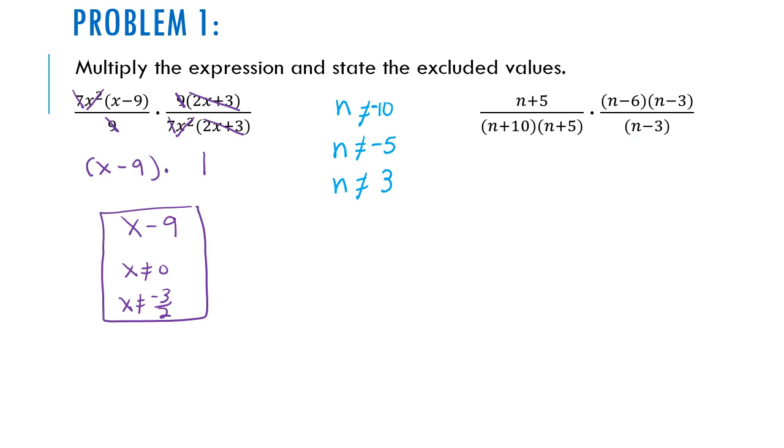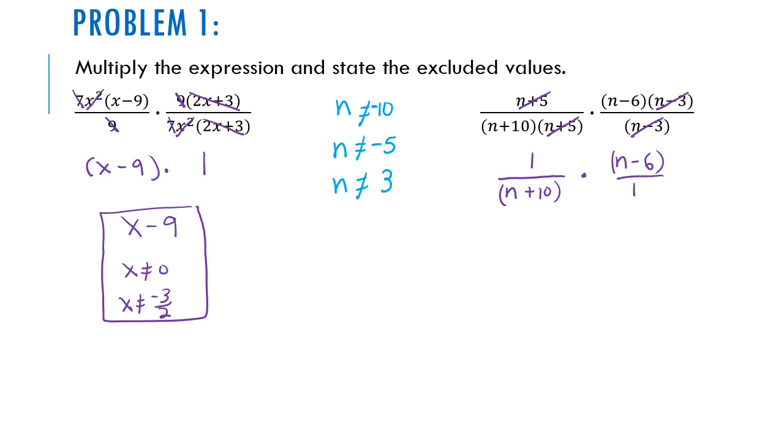Okay, so now once again, I'd like to simplify first and then multiply everything together. So I see I have an n plus 5 on top and an n plus 5 on the bottom, so they can cancel. I see I have an n minus 3 on top and an n minus 3 on the bottom, they can cancel. So what I've really done by canceling that is that I have 1 over n plus 10 times n minus 6 over 1.